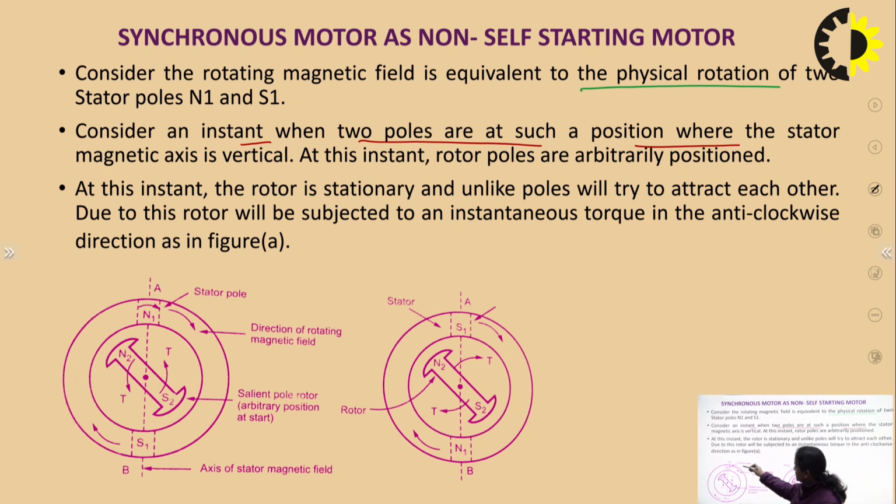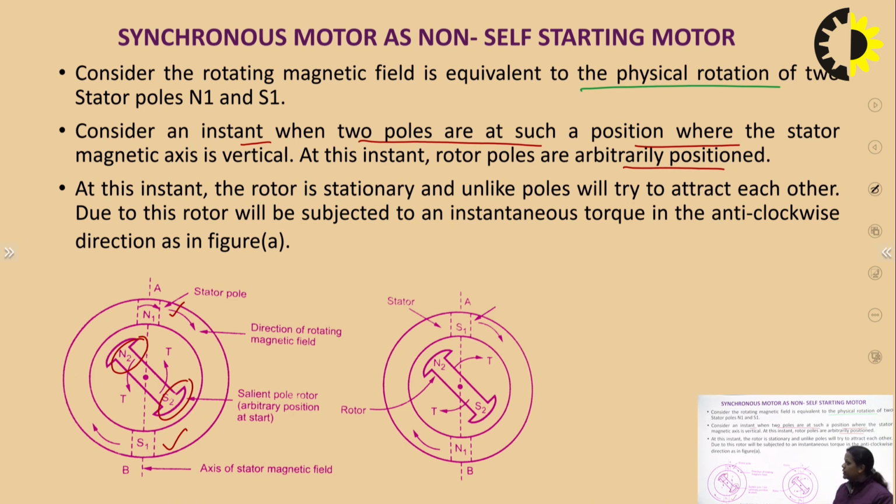So these are the stator poles, right? This is N1 and this is S1. They are at the vertical position, and at this instant the rotor poles are arbitrarily positioned. Suppose this is the rotor, which is of course a two pole rotor, so here it is N2 and here it is S2. At this instant the rotor is stationary, right?